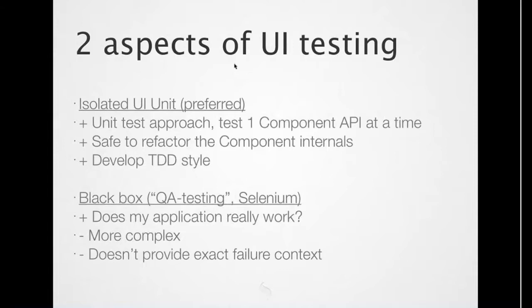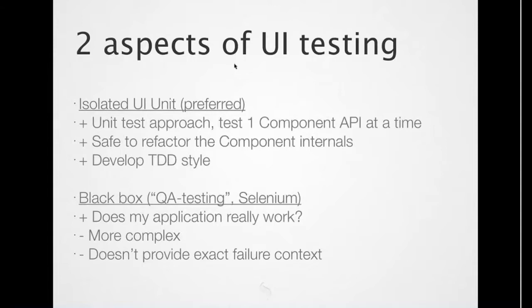The nice thing about the UI unit approach is that you write it in the same way you would with any type of test. You do it in a unit test approach. You take one component API and test that at a time. Once that's tested, it's safe to refactor the component internals, and you can do this test-driven development style, so you can start by writing a test, which is a very nice way of coding.